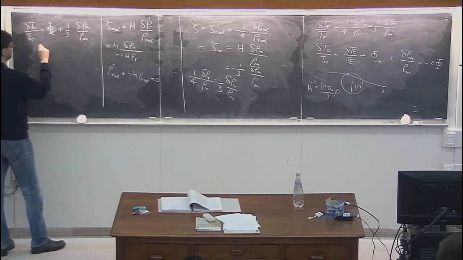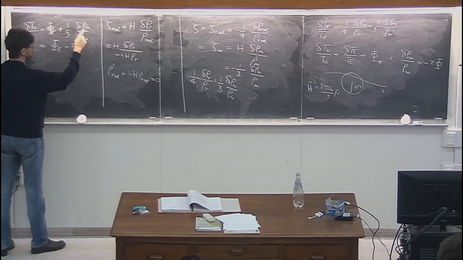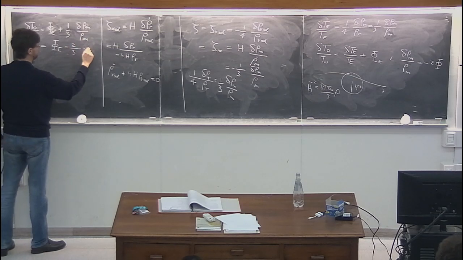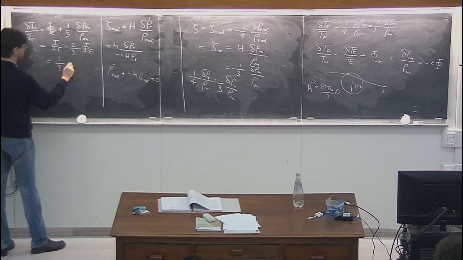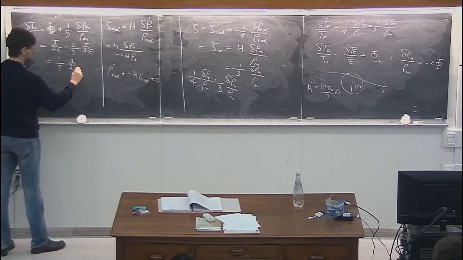But this I know what it is: phi sub E minus 2/3 phi at emission, and therefore it is equal to 1/3 phi at emission point.